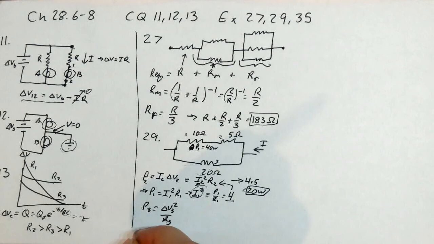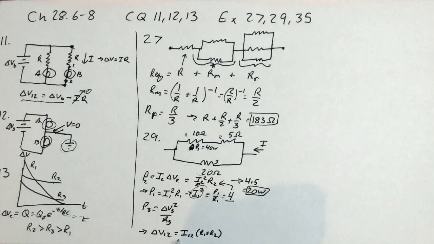So let's pause and find delta V3, or delta V12, the potential across 1 and 2. Well, that's going to be equal to I12, which is the same, and then it's going through both of those. And so it's just going to be R1 plus R2.